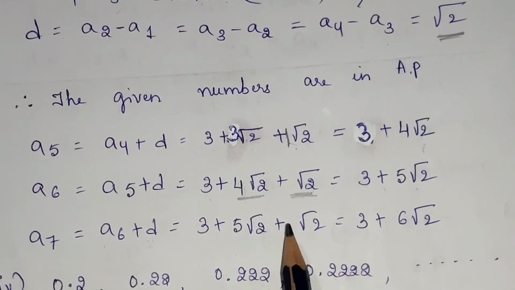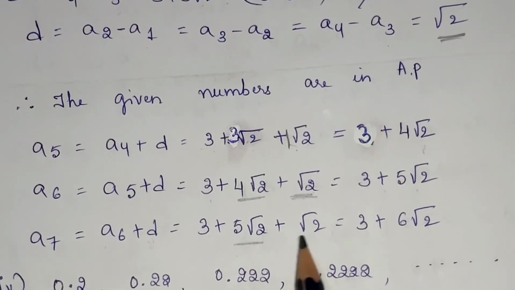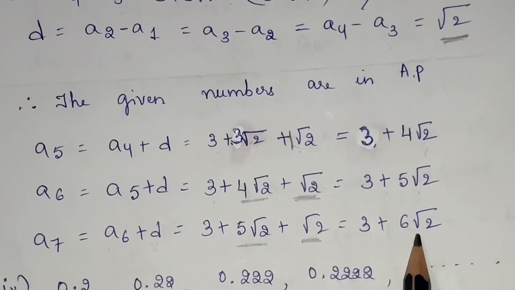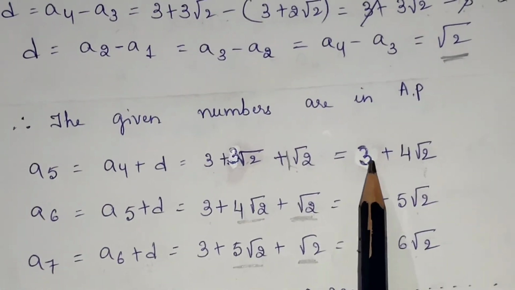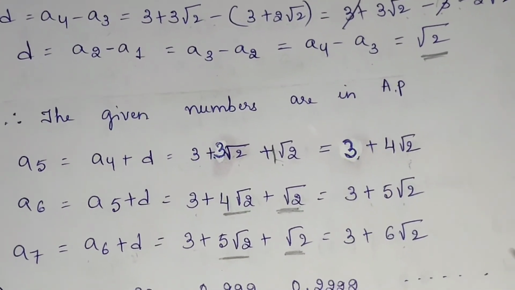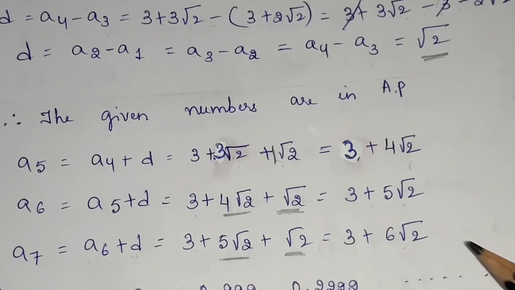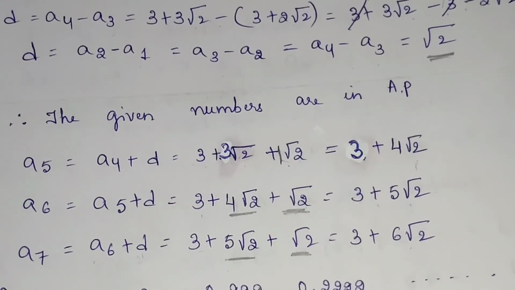There is no whole number. Write 3 as it is and add 5 root 2 to 1 root 2. You will get 6 root 2. Here 3 plus 4 root 2 is the fifth term. 3 plus 5 root 2 is the sixth term. 3 plus 6 root 2 is the seventh term of the AP.